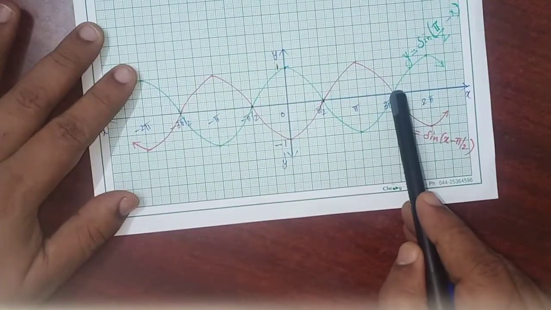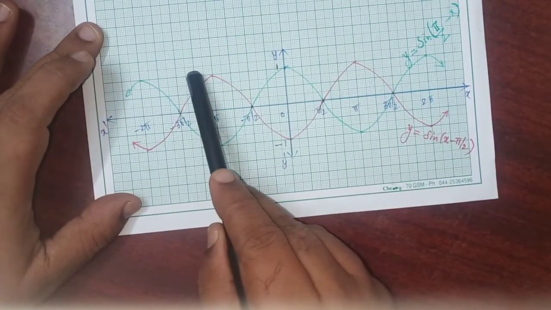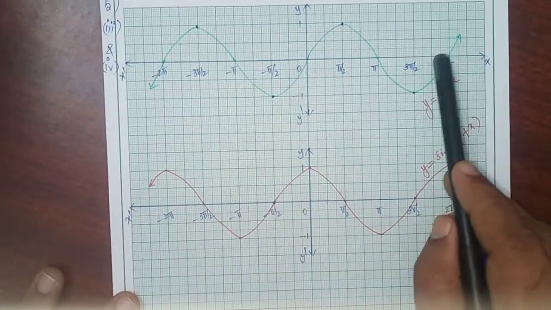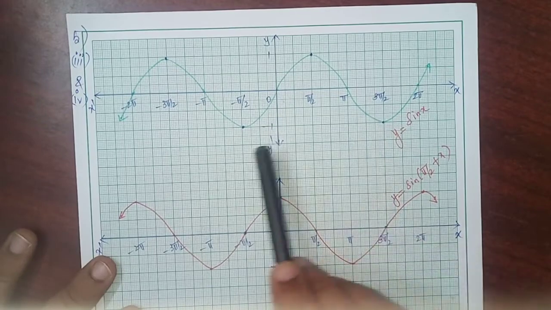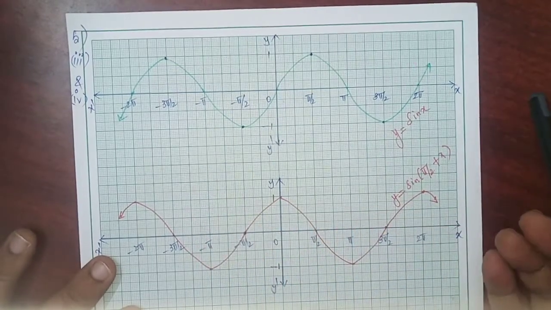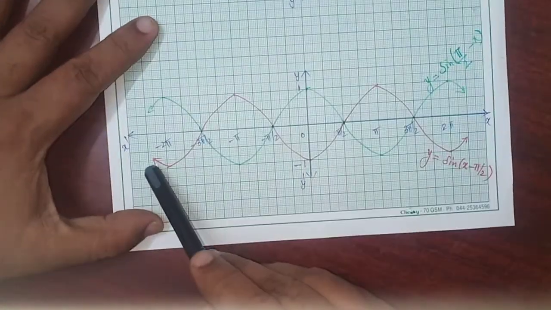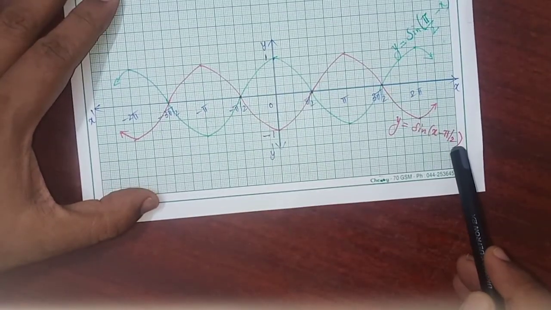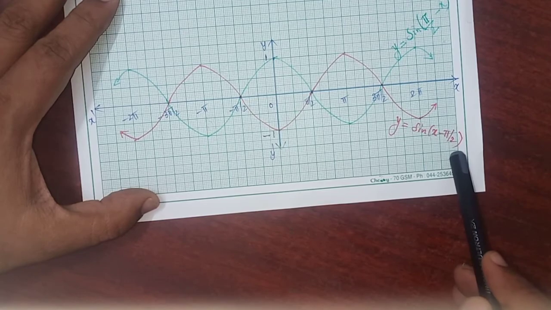Yes, it is passing through 3 pi by 2. Like that, the entire green color graph, y is equal to sin x, is shifted towards the right-hand side by pi by 2. This is the red color one, that is sin of x minus pi by 2.